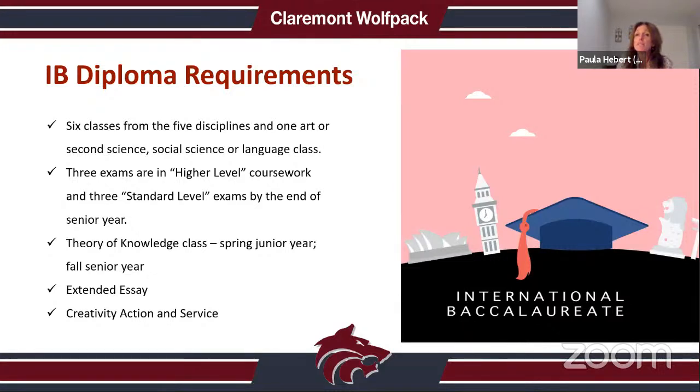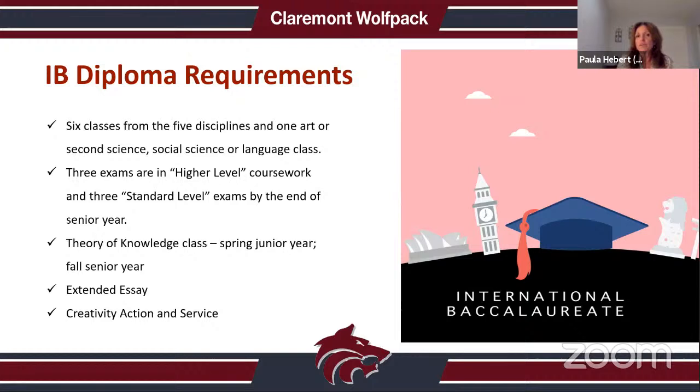If you're thinking IB diploma, we want to make sure that you know about that option, because this is the year you decide that. IB diploma requires that you take a certain balance of IB coursework and that you take a fourth year of a world language, and you take a balance of 3 higher level courses and 3 higher level course exams and 3 standard level exams by the end of your senior year.